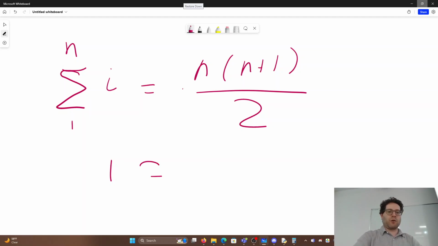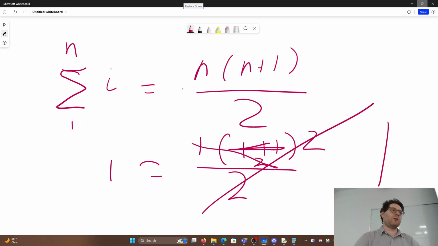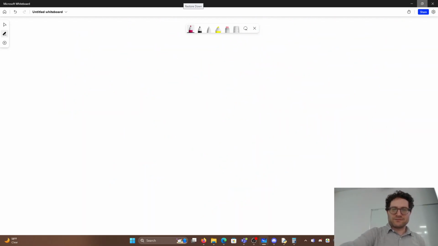And plugging in 1 over here is 1 times 1 plus 1 over 2. This is a fancy way to write 2, which is another fancy way to write 2. Strike that out, it becomes 1. 1 is equal to 1. You know, like I said, we choose an easy thing.